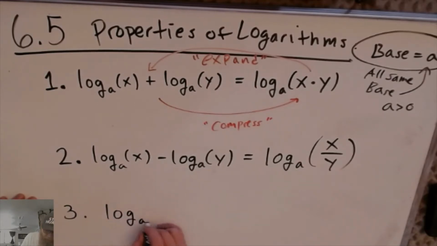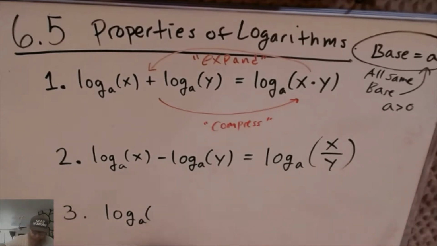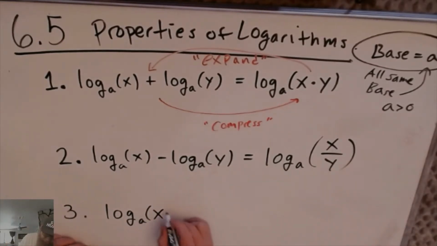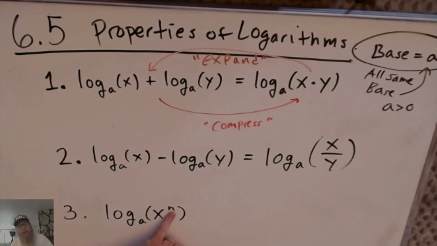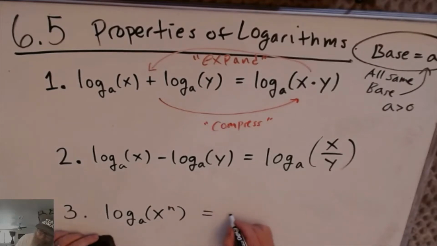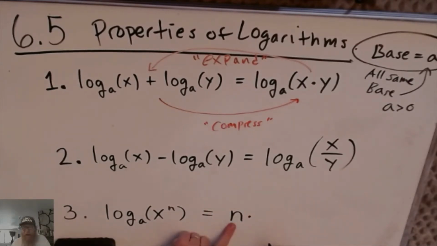The third property is the log of an argument that's raised to a power. That is equal to the power times the logarithm.